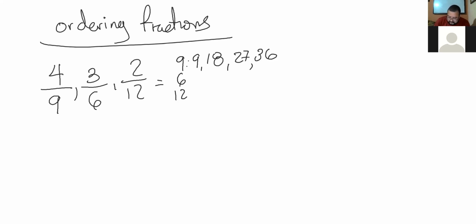The multiples of 6, 6 times 1, 6, 6 times 2, 12, 6 times 3, 18, 6 times 4, 24, 6 times 5 is 30, and 6 times 6 equals 36. Multiples of 12. 12 times 1, 12, 12 times 2, 24, 12 times 3 equals 36.